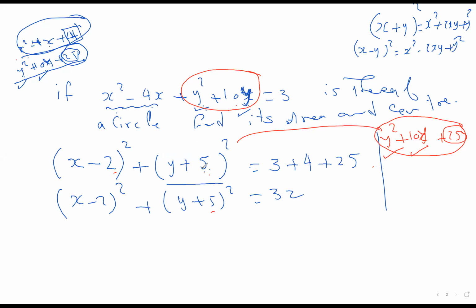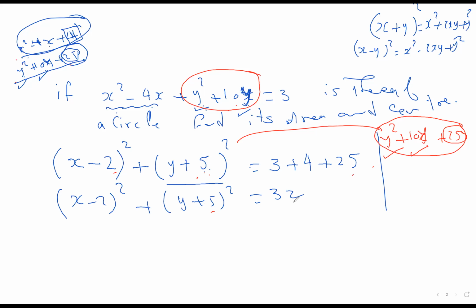If you expand this one, you will find y squared plus 10y plus 25. So you increase 25 in this side, you have to increase 25 on the other side to keep both sides equal. It's okay? So it will be (x minus 2) squared plus (y plus 5) squared equals 32.